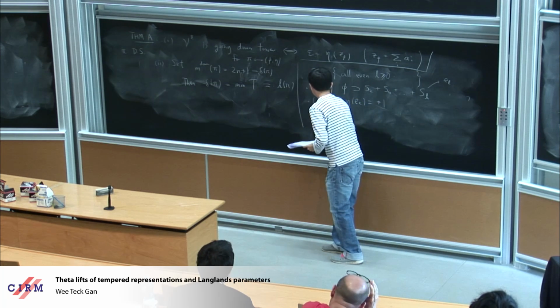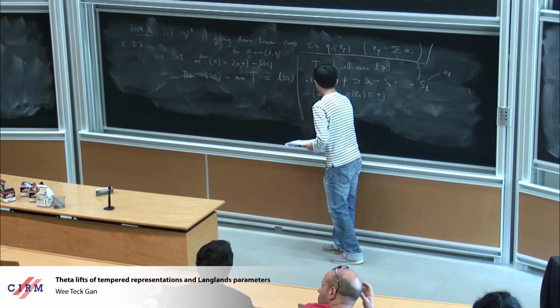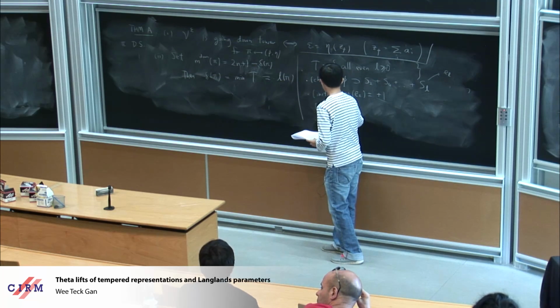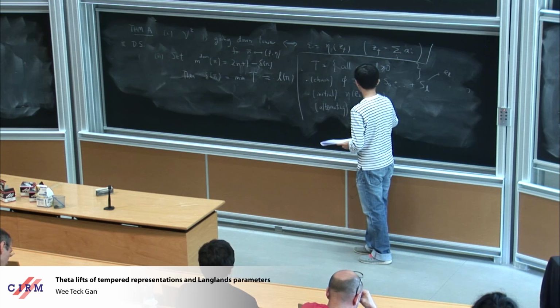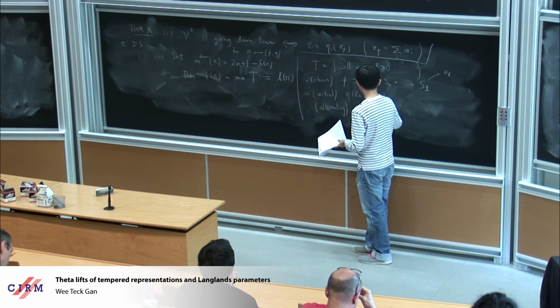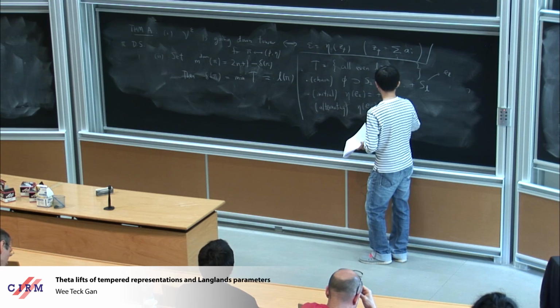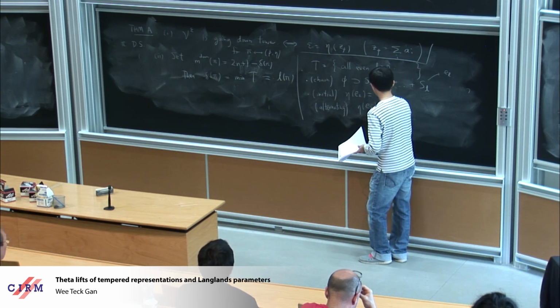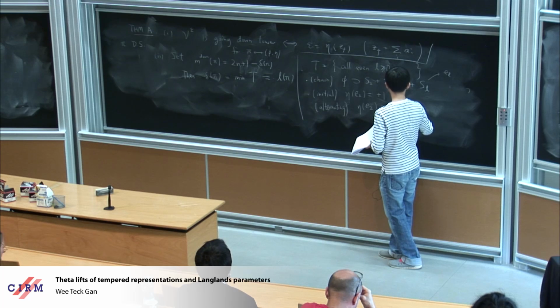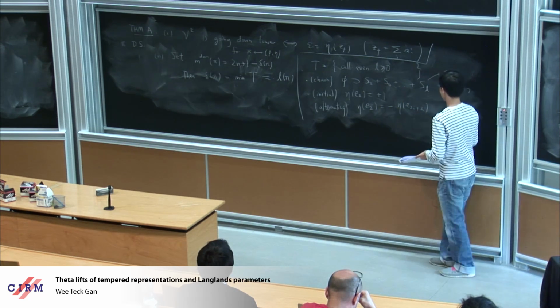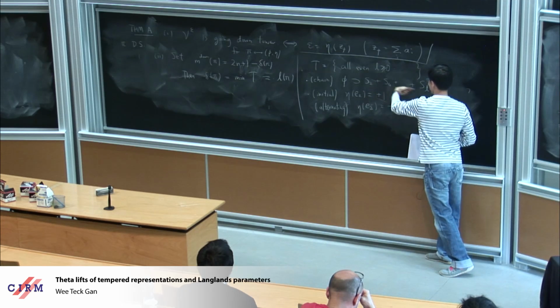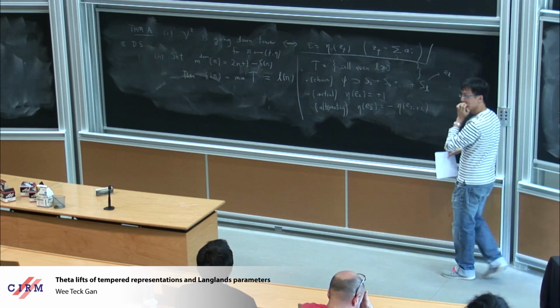And then the other condition is alternating, that eta of E_i is negative of eta of E_{i-2}, as the E_i range over the basis for this chain.